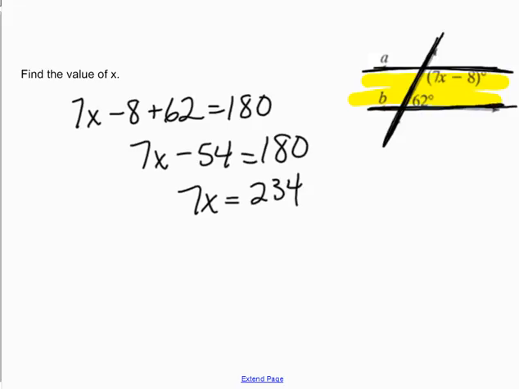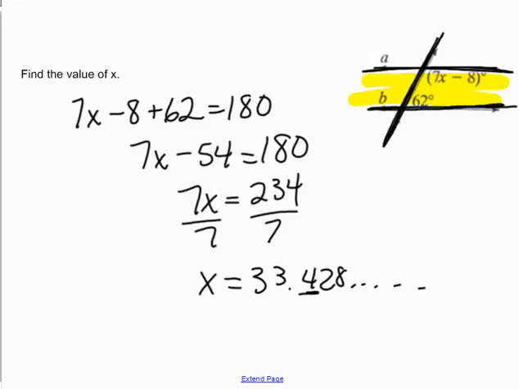So when you divide by 7 on both sides, you end up with x equals 33.428. So we round to the nearest tenth, x equals 33.4.